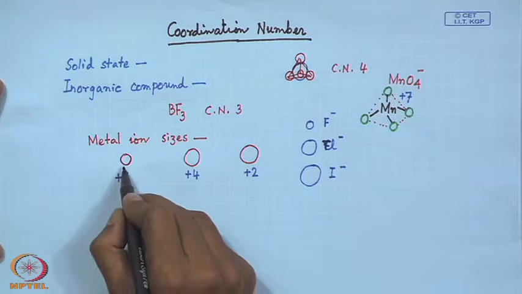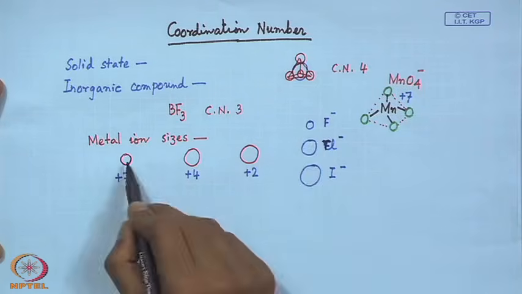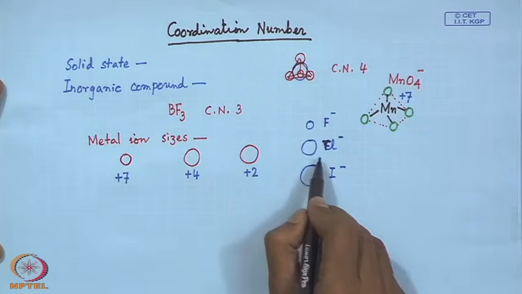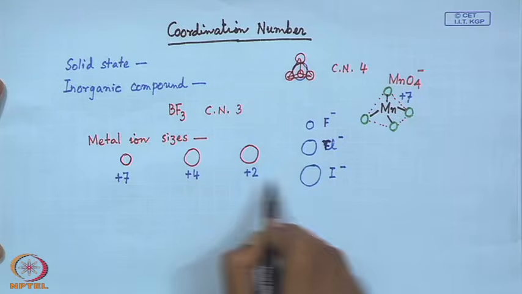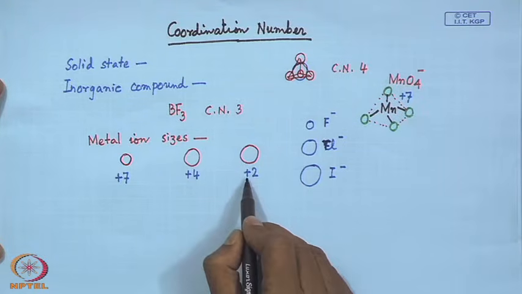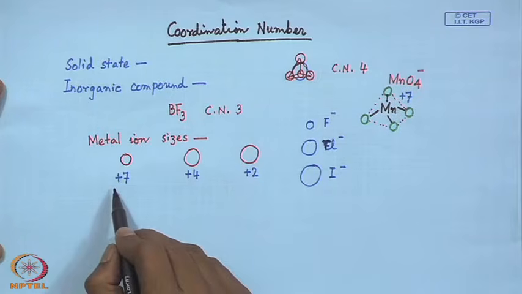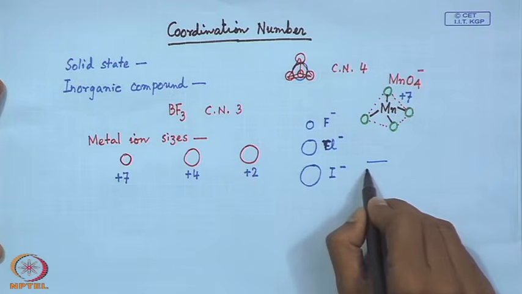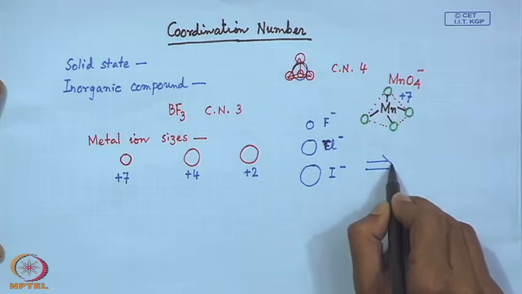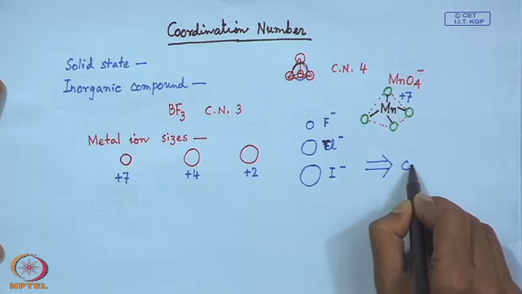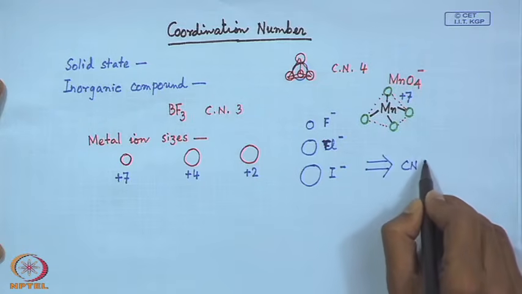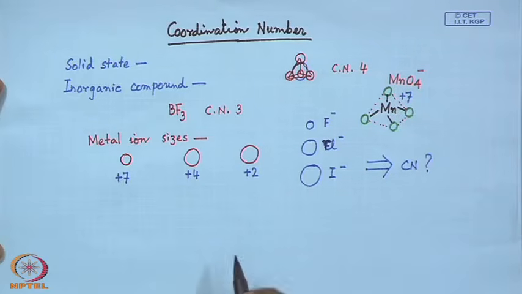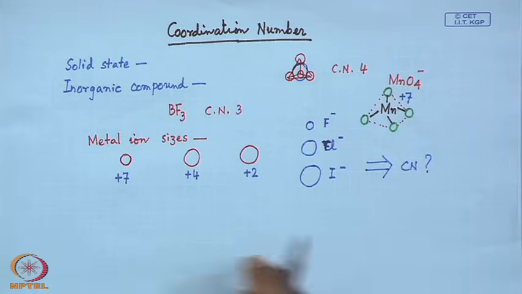So, how many of these size pairs can take place around a corresponding oxidation state of the metal ion as +2, +4 or +6, that will basically dictate what will be the resultant coordination number of this particular combination.